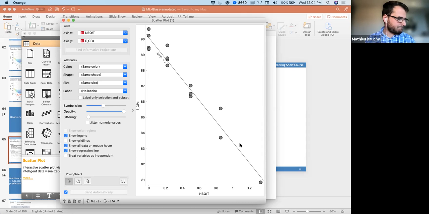Of course you could have found other features that probably would have worked well, but at least this feature about the non-bridging oxygen is probably a good example that is very often going to be correlated to the modulus of glasses. Do you have any questions about this?